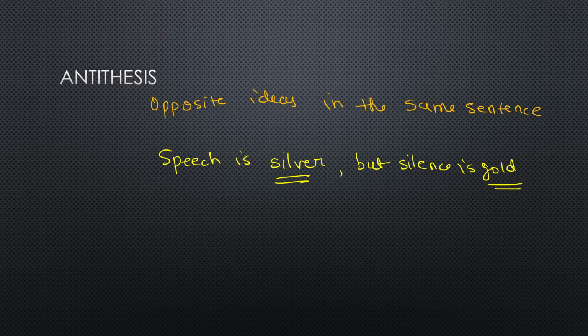Both silver and gold are being used here. These are just opposite. Okay? In the same sentence, we are using two opposite things to present two different ideas. This one is for speech, this one is for silence, and it is showing that silence is better, because it is gold. And that's why it is compared with gold, because gold is better than silver. Yeah? So antithesis. Two opposites make one sentence to have the comparison, okay?